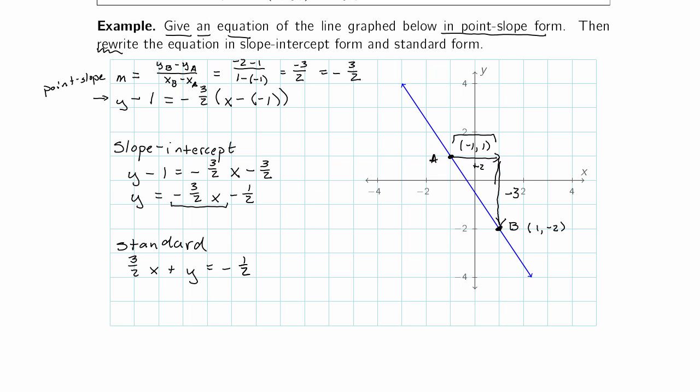And then I need to get rid of the fractions. So I'm going to multiply both sides by my least common denominator, as I do when I want to get rid of fractions. And we'll get 3x plus 2y equals -1. And that gives us our standard form equation. Notice a is 3, b is 2, c is -1. They're all integers, and they have no factors in common, and the first one is positive.